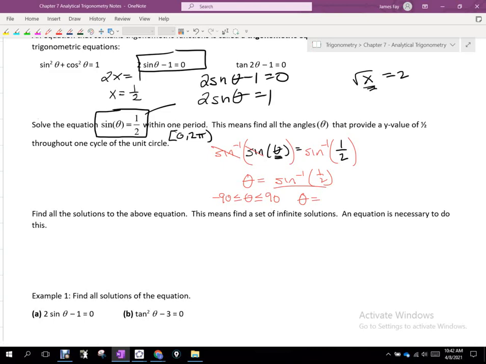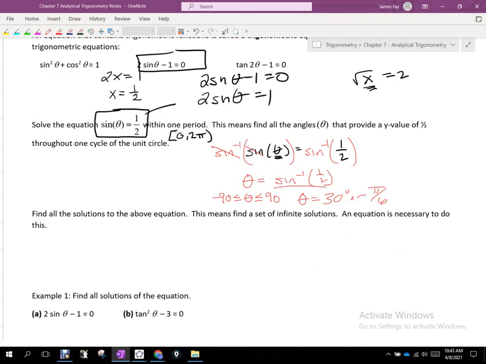The only angle that comes back that has a y value of 1/2 is what? 30 degrees, or if I'm in radians, pi/6.